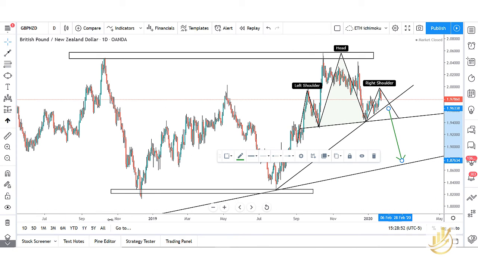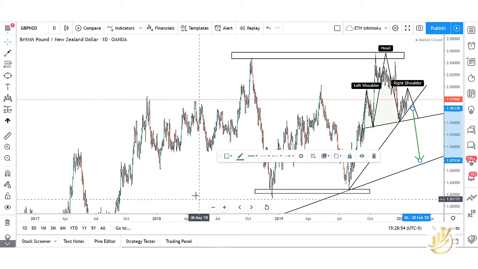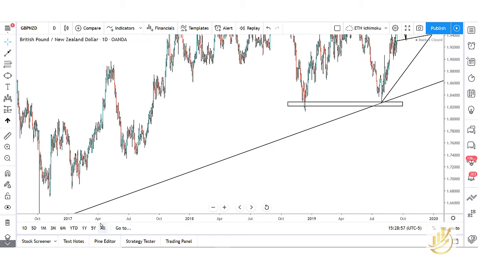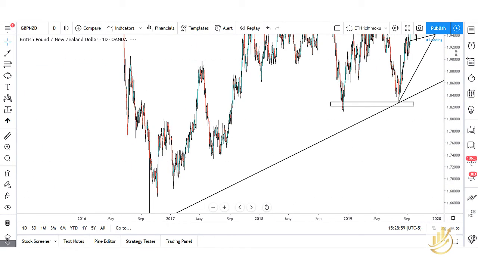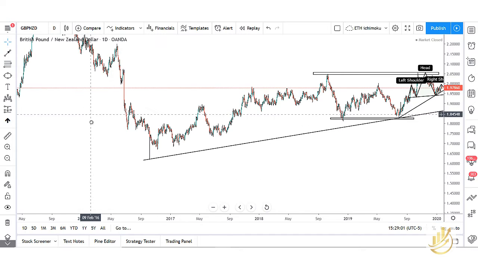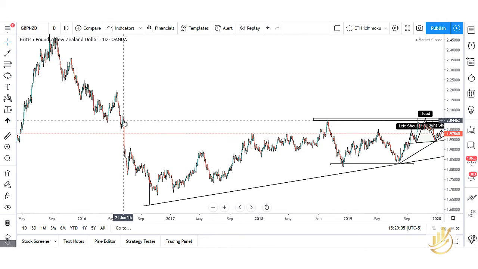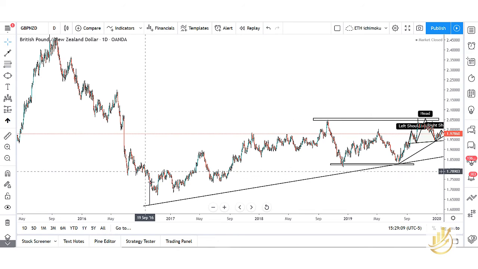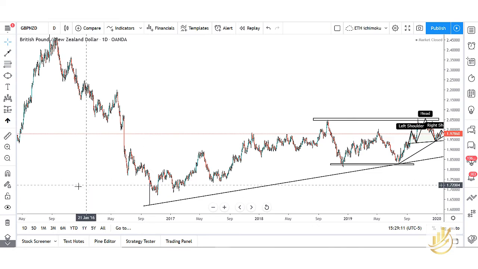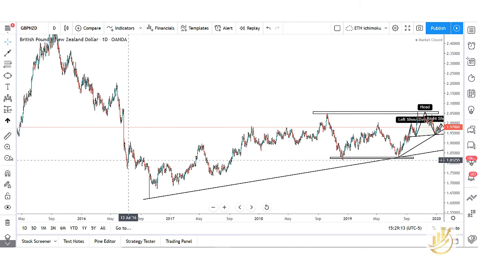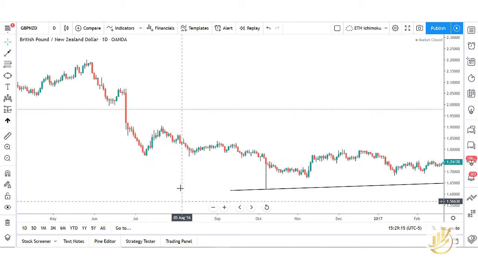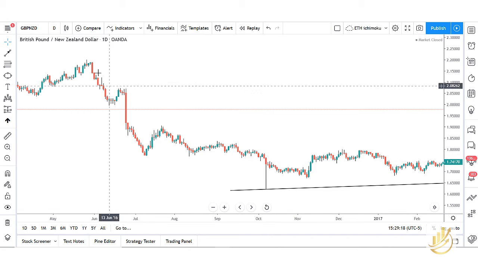If you see in 2016, I don't know whether it was September, June, July, August, September, I think. In September, I think. But somewhere here we see a greater move towards the downside. I don't know whether it was this area, but in 2016 it happened.